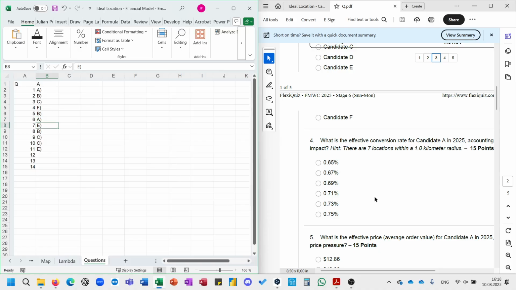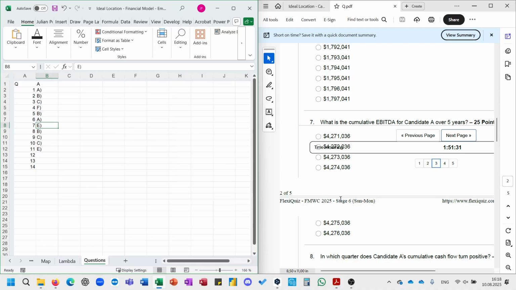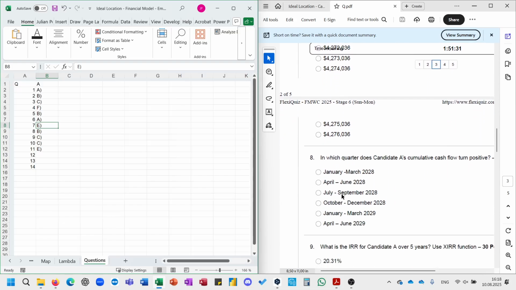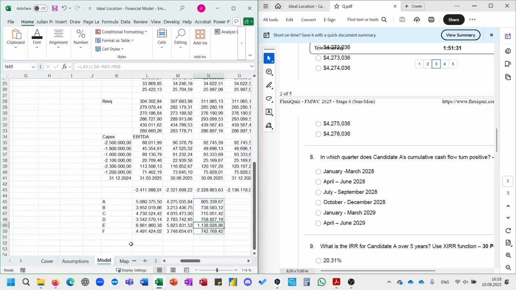And 7 is E. Yeah, because this is the impact on the cash flow, but we can check it. Yeah, 7.5.